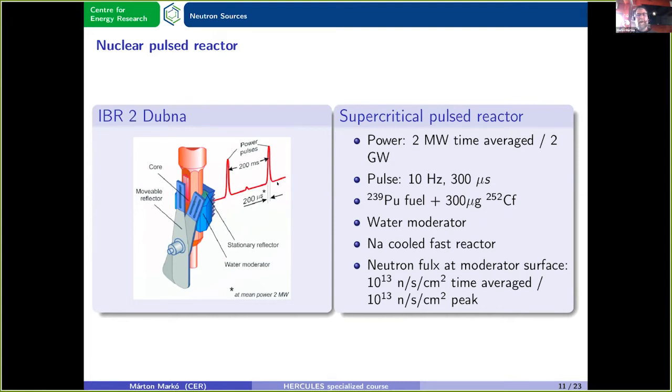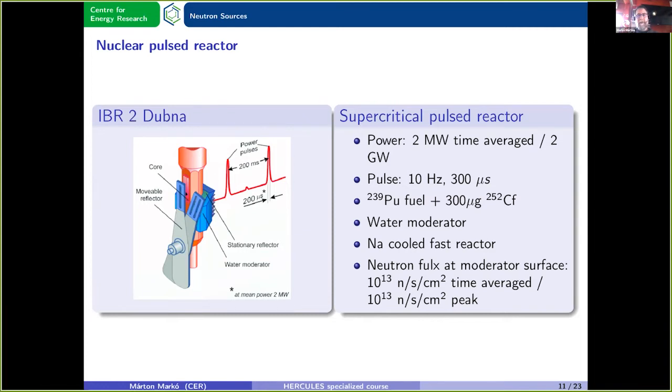Supercritical means that each generation of neutrons has more and more neutrons than the one before. A critical reactor is a normal working reactor where the power is average and it works continuously.